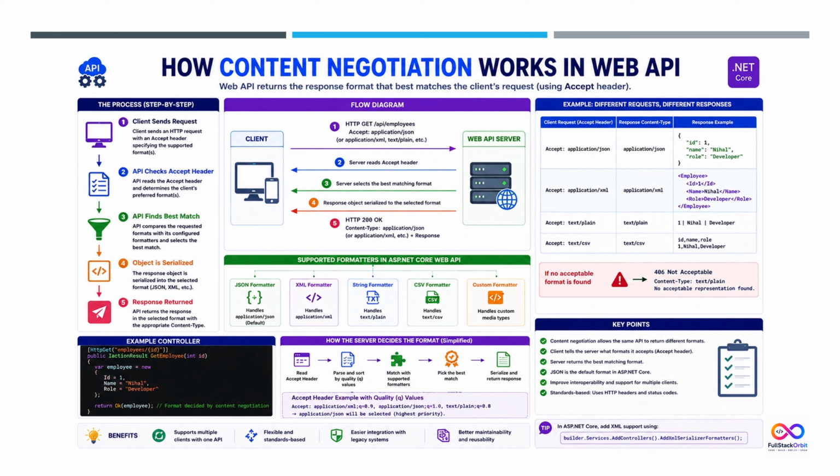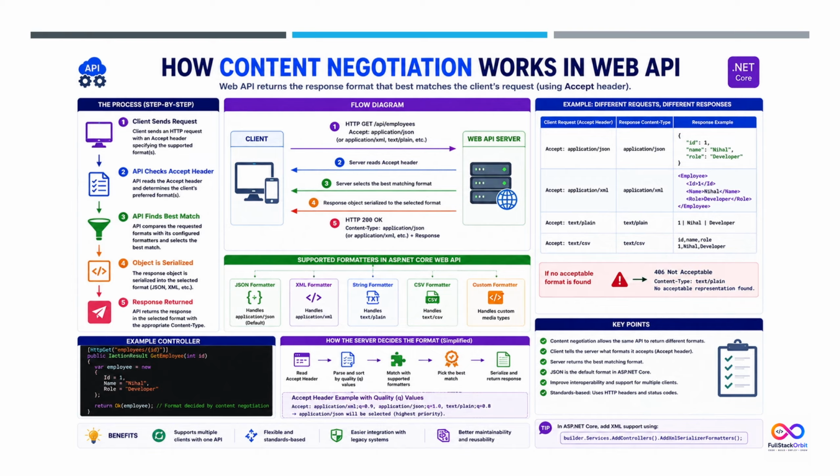Now let's look at the example shown in the diagram. In scenario 1, client requests a JSON. The client sends accept colon application slash JSON. The server returns application JSON. You can see the response in the JSON format.